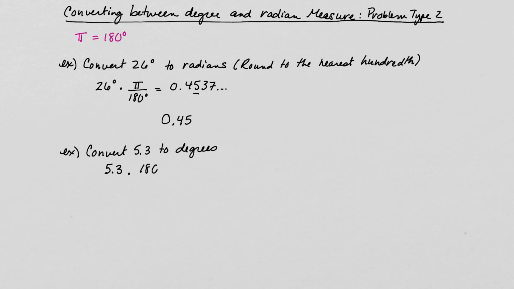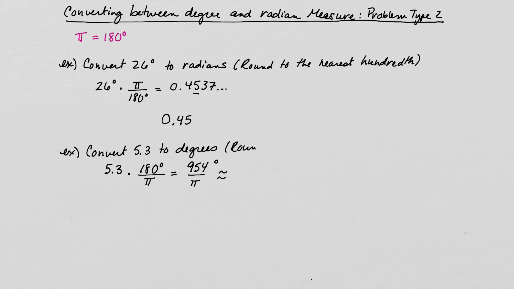180 degrees over pi. And so in this case, if we multiply this out, we get 954 over pi. So if you're looking for an exact answer, that's what we would do. But this is another one that says round to the nearest tenth.